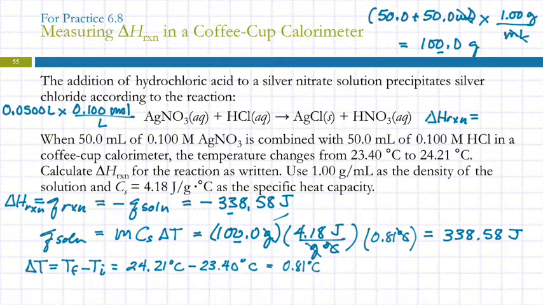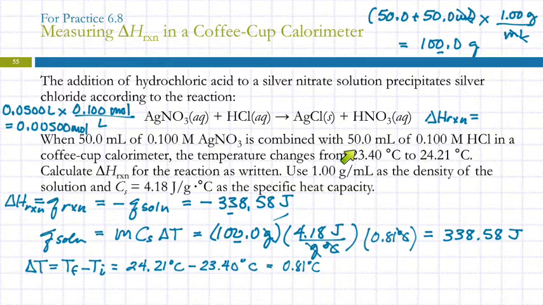We've got 0.005 moles, right? Did I do that math right? It's always dangerous when I do math in my head. So this is the amount of energy for 0.005 moles of silver nitrate. Did we have enough HCl to react with that many moles of silver nitrate?